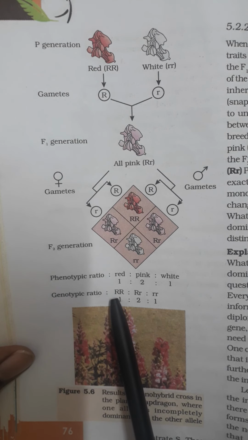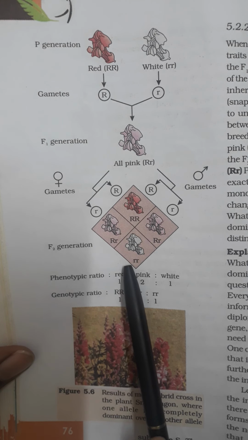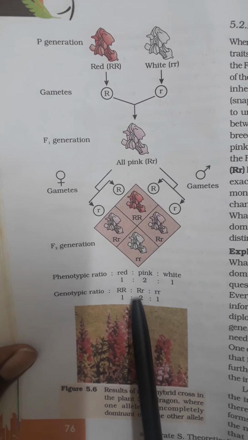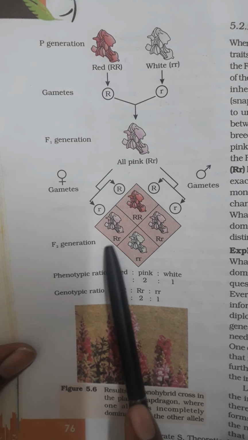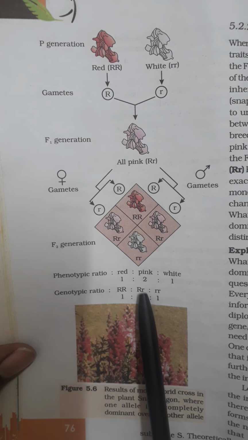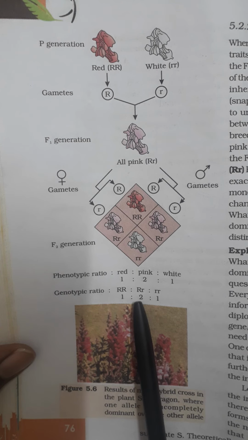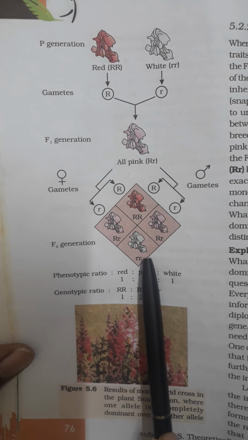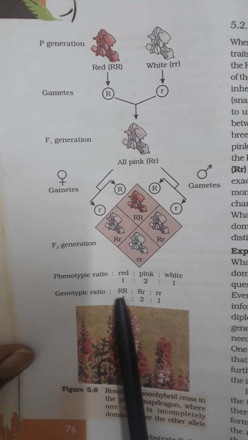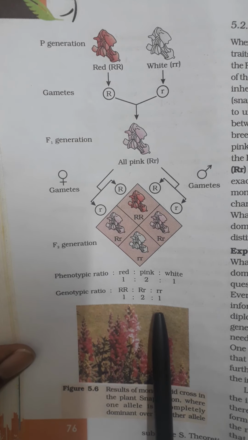Genotypic ratio: the capital R capital R genotype, how many plants among these four? One. Capital R small r containing progeny, how many? Two. Next, the small r small r genotype, one plant. So the genotypic ratio is 1 is to 2 is to 1.